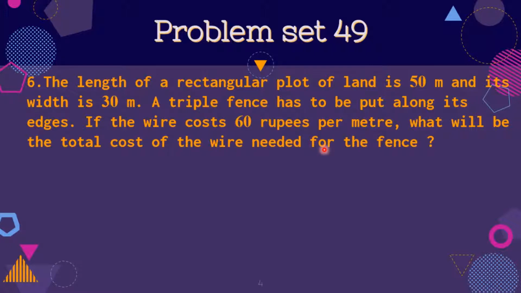Now, here it is a rectangular plot of land and its length is 50 meter and its breadth is 30 meter. And a triple fence has to be put along its edges. So, first let us find out the perimeter of that rectangular plot.